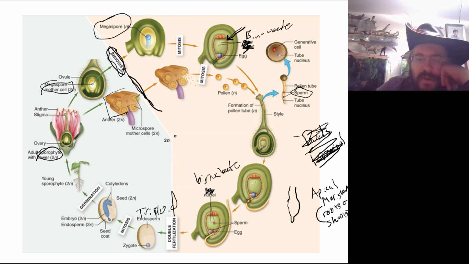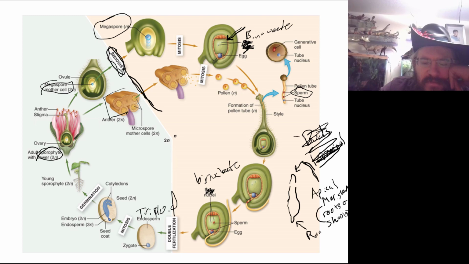The apical meristem can be thought of as producing the terminal bud. So here's the apical meristem for the shoot, and here's the apical meristem for the root.